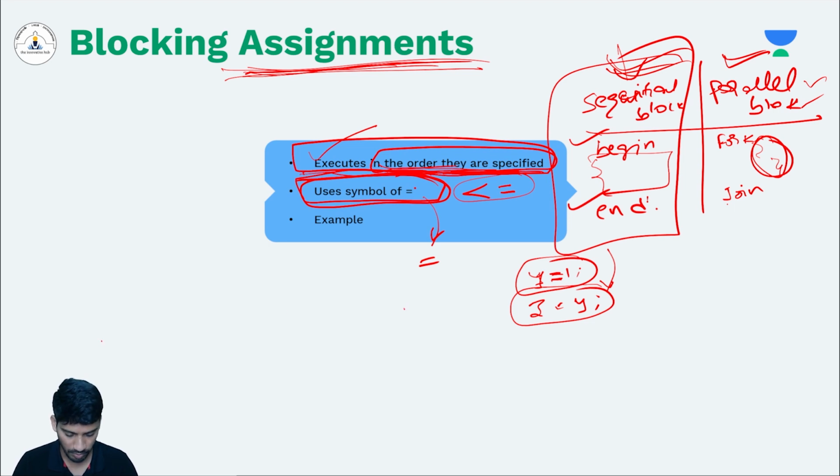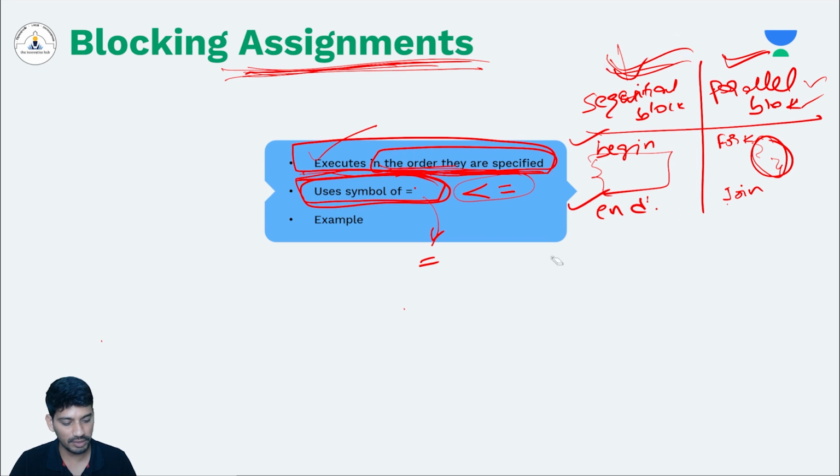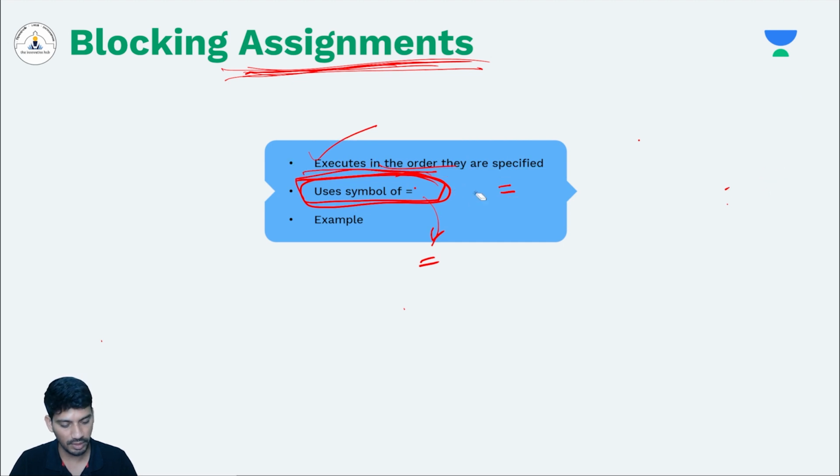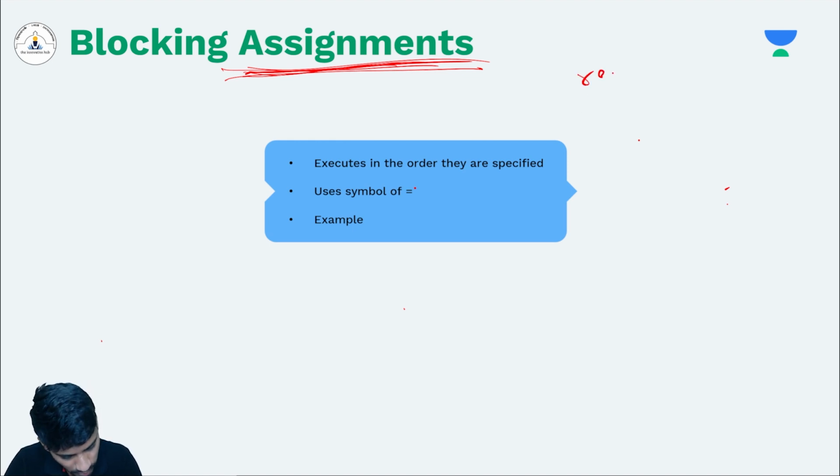So let's take an example. With the example, it will be very clear what the blocking statements do. I'm defining different registers like this. We need to define only registers, because these are procedural assignments; we cannot use wires.